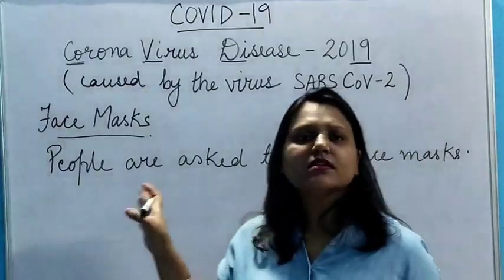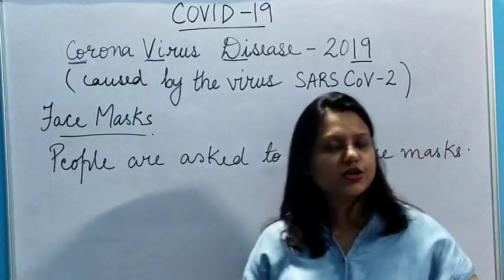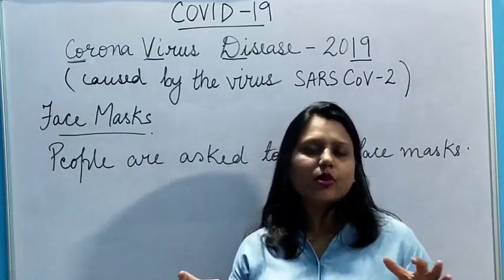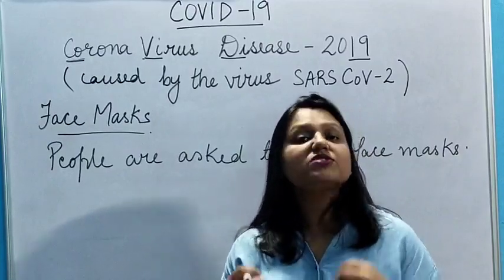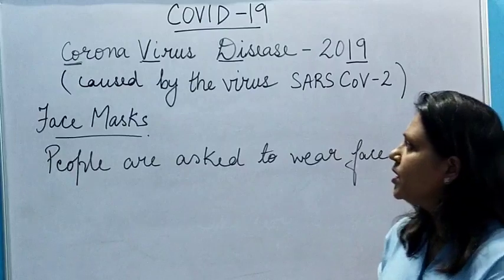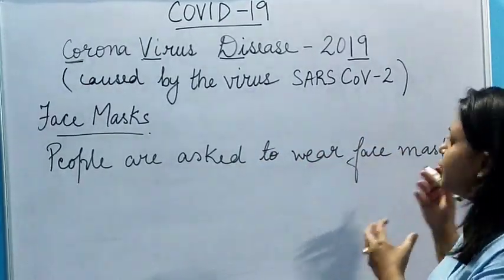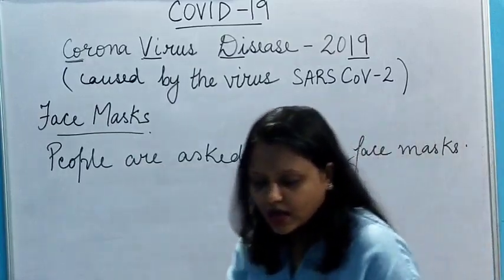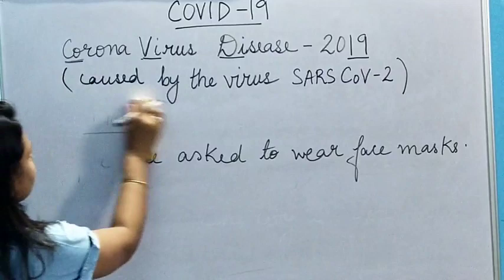I'm sure these sentences are going to help you express yourselves in English with your friends, because this is the current topic in the present scenario and you all want to speak on this topic. So I'm just trying to give you expression with the help of such sentences. These were the nouns which I made you use in sentences. Now I'll discuss some verbs.